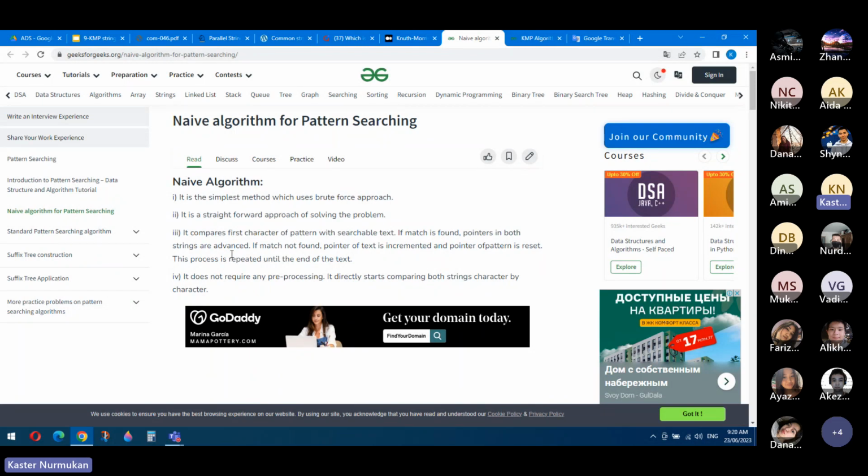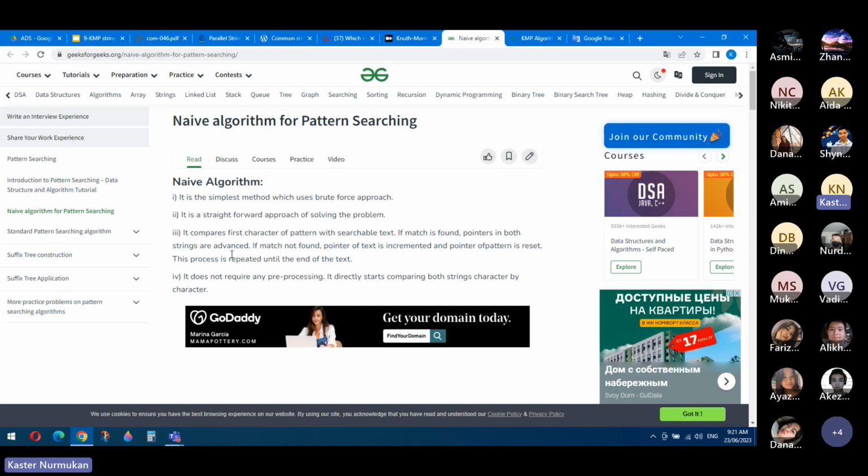If m is very close to n, it means quadratic time complexity. As far as I know, quadratic is not a good algorithm performance.